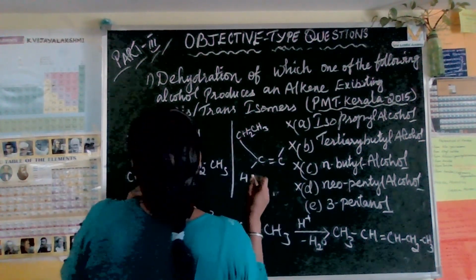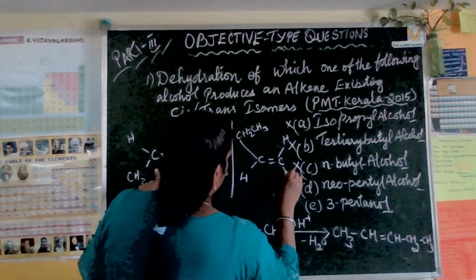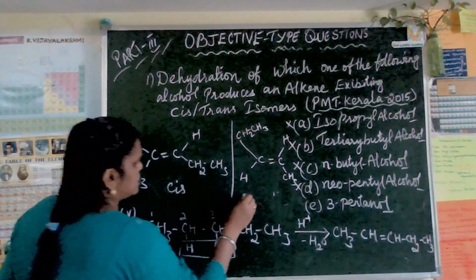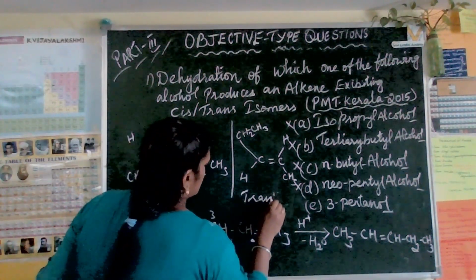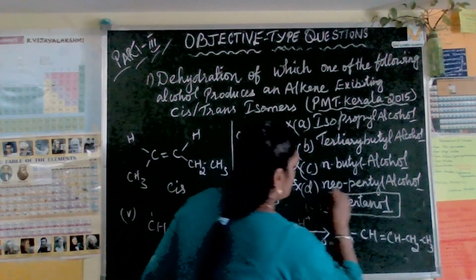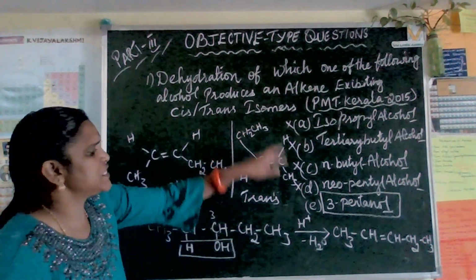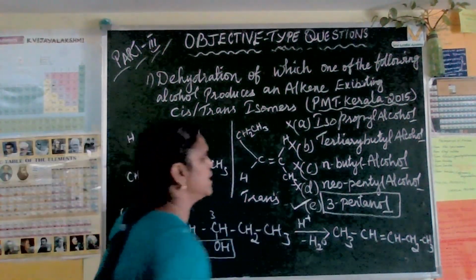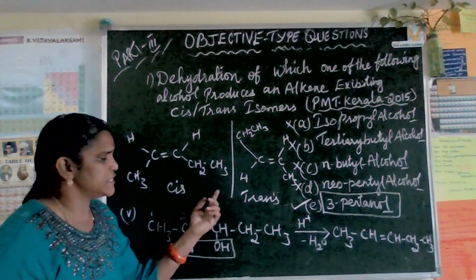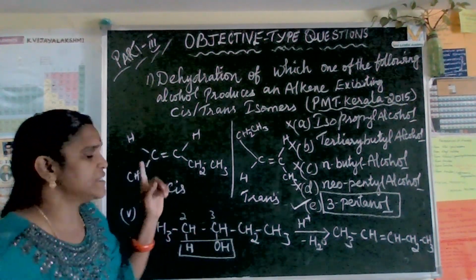This side hydrogen, the same CH3. Now this is a cis and this is a trans. So neopentyl alcohol is possible. Which is the correct option? E is the correct option. So this is the way; if you find it like this, your answer is correct.